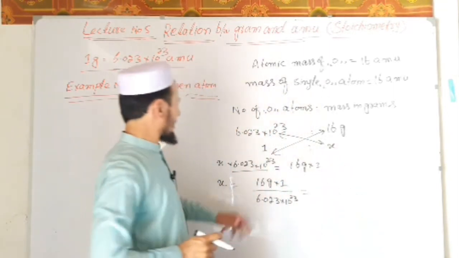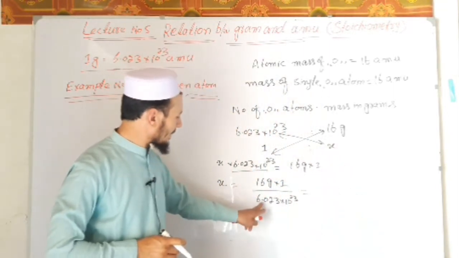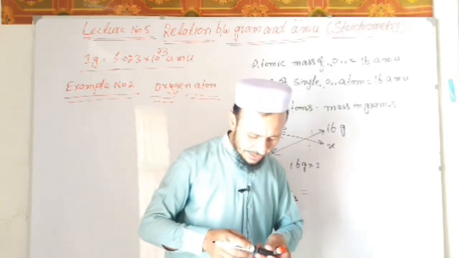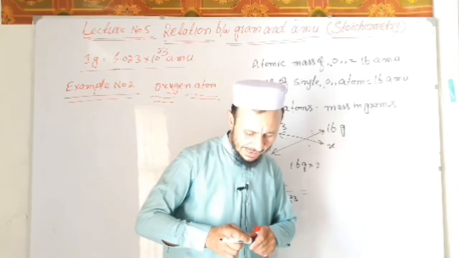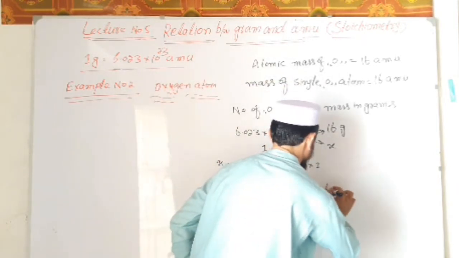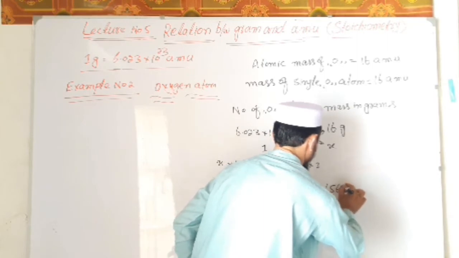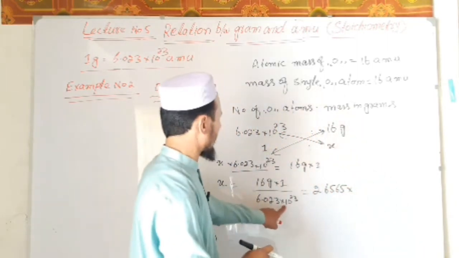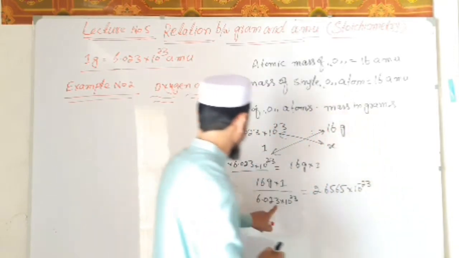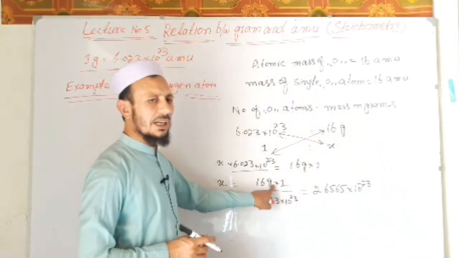So dear students, by dividing 16 gram with 6.023, we will get 2.6565 multiplied by 10 raised to the power of minus 23, and the unit will be gram.